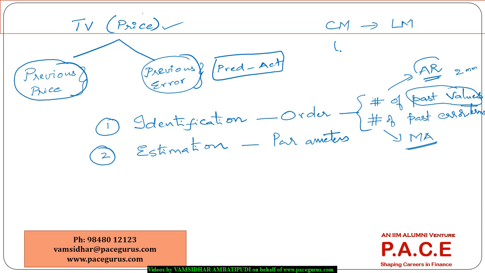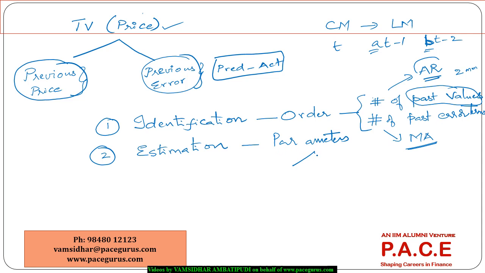So the current month T is dependent on the value T minus 1 as well as T minus 2. Then how much weightage should I give to T minus 1, and what weightage should I give to T minus 2? These are what I am calling the parameters. So I have to estimate the parameters of the model.